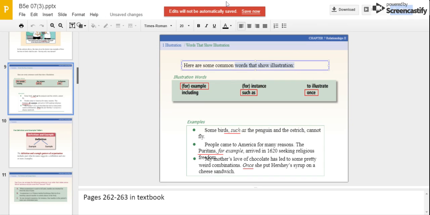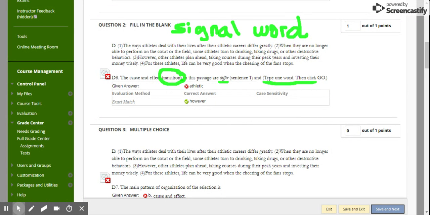Some people call them transition words, some people call them signal words, but their job in writing is to show the relationship between ideas. Now if we go back to the quiz, they've asked us to identify the transitions in this passage. So you have to choose the 2 transitions.